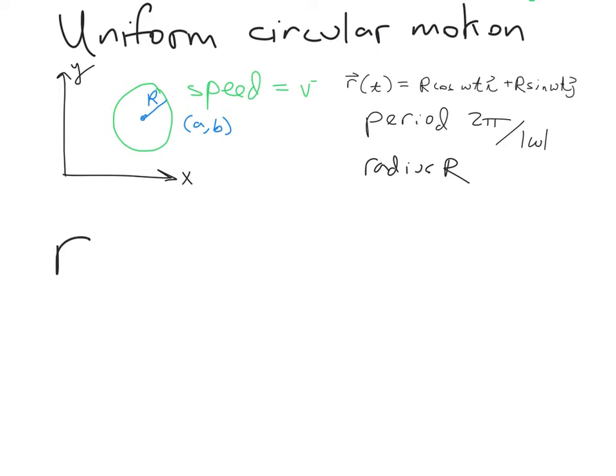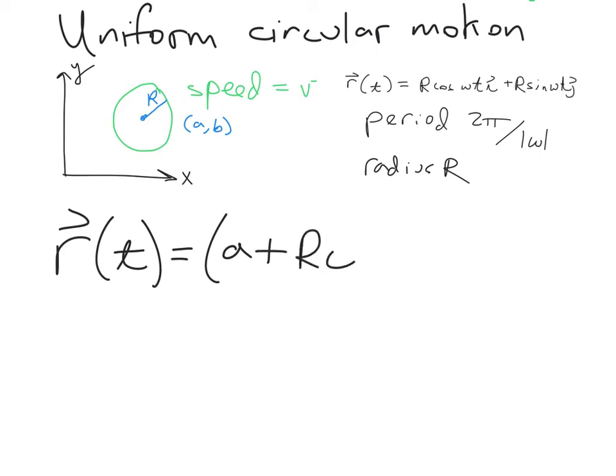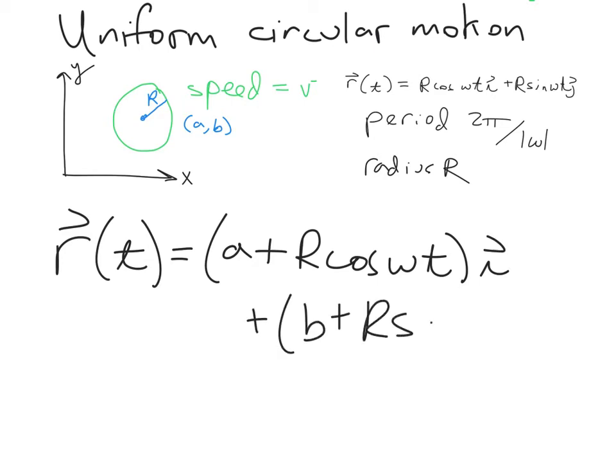So our correct parametrization is r of t equals a plus r cosine omega t i plus b plus r sine omega t j. This describes at time 0 the point a plus r comma b.